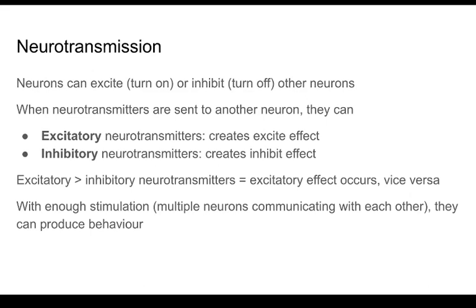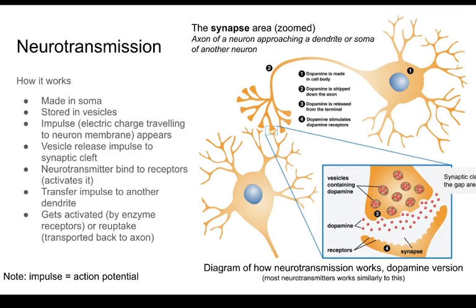So neurons can excite or inhibit other neurons, turn them on or turn them off. When neurotransmitters are sent to another neuron, they can become excitatory neurotransmitters, which create the excite effect, so they turn the neurons on, or inhibitory neurotransmitters, which create an inhibiting effect. As you see in this picture, neurons have a lot of connections, right?